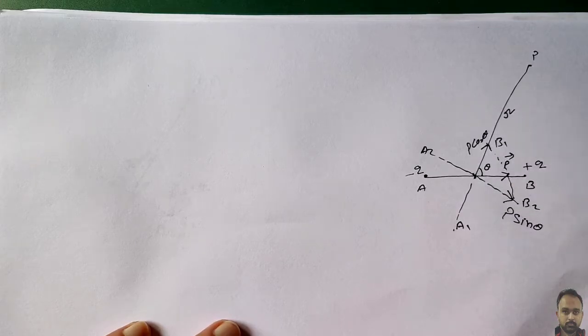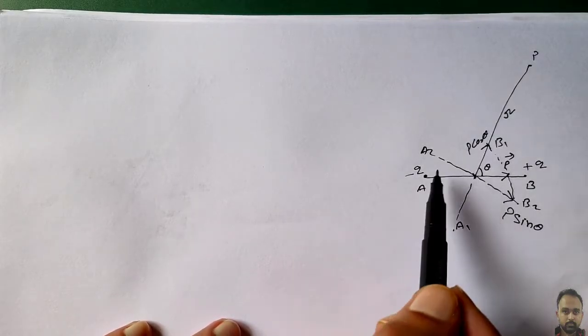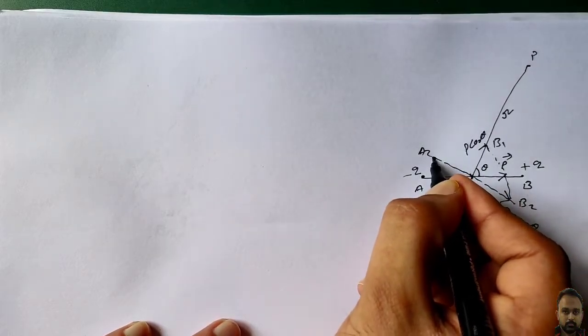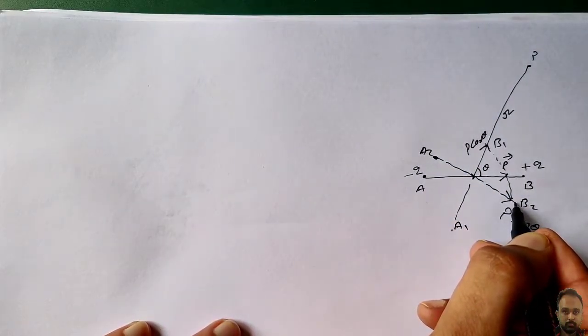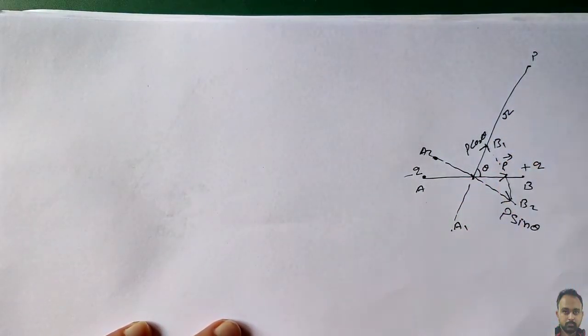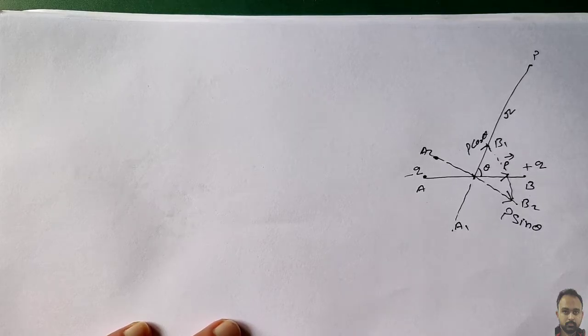So this is the case of electric field at axial line of electric dipole. We will directly write the expression for that. And this is A2 and this is B2, and this point P lies on the equatorial line of this A2B2 dipole. So we will use the expression directly here of the electric field at the equatorial line. So it becomes very easy for us now.